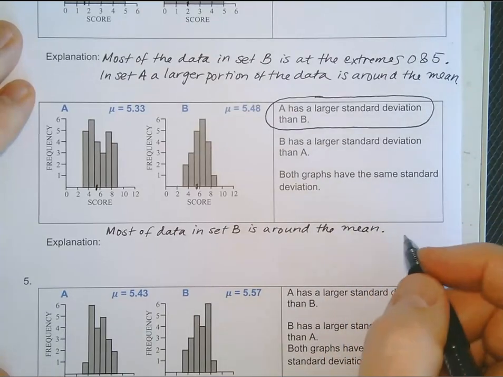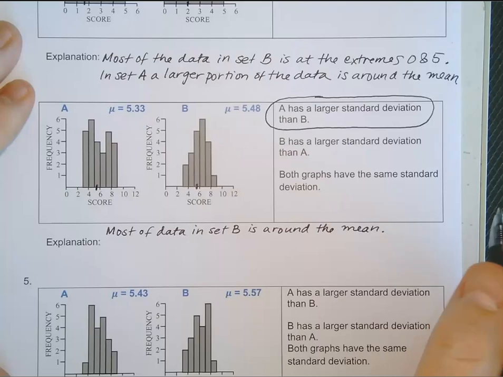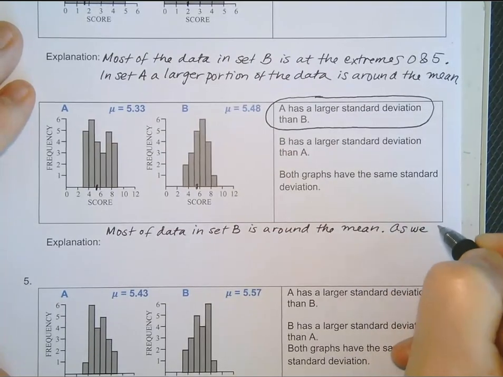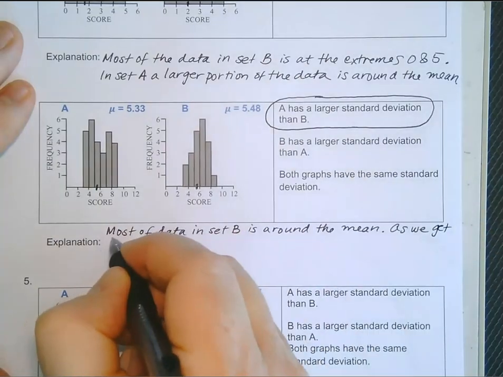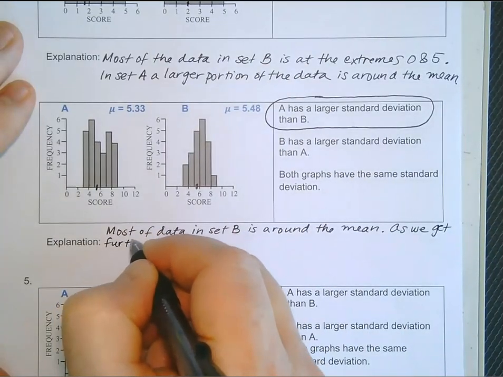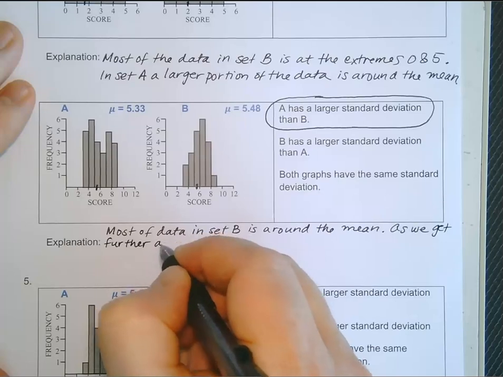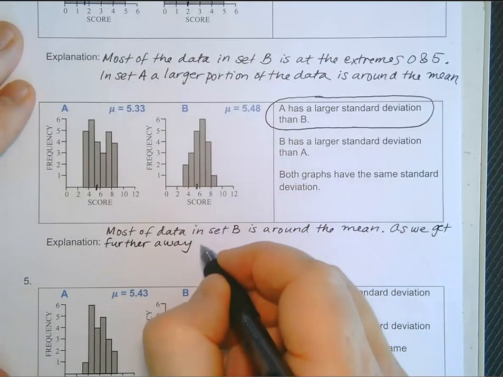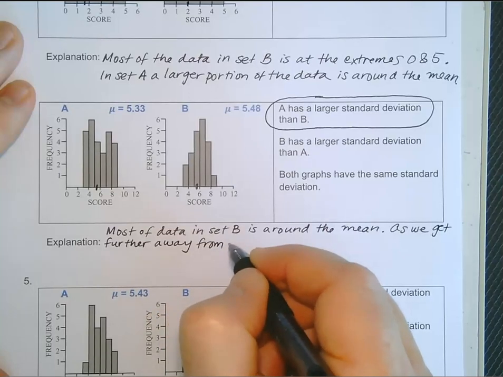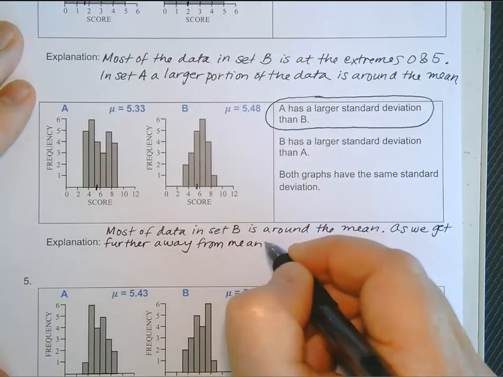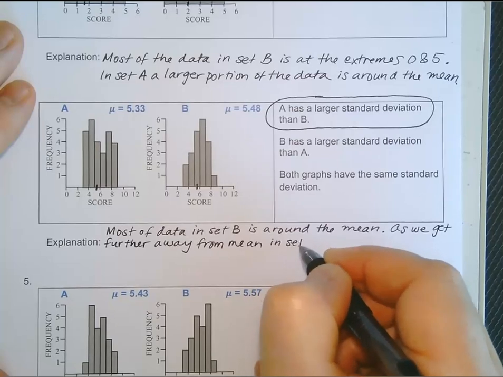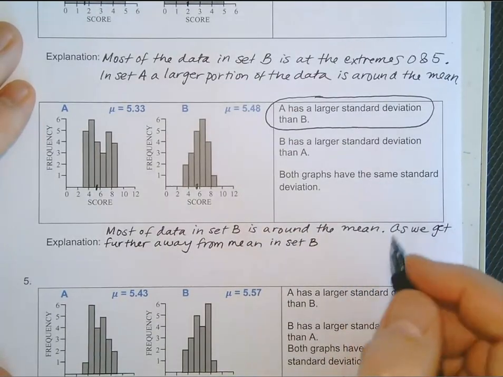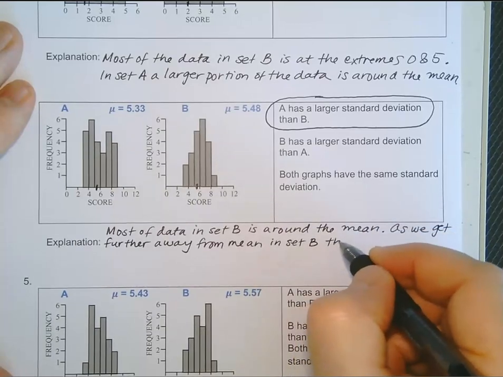As we get further away from the mean in set B, the proportion of data decreases.